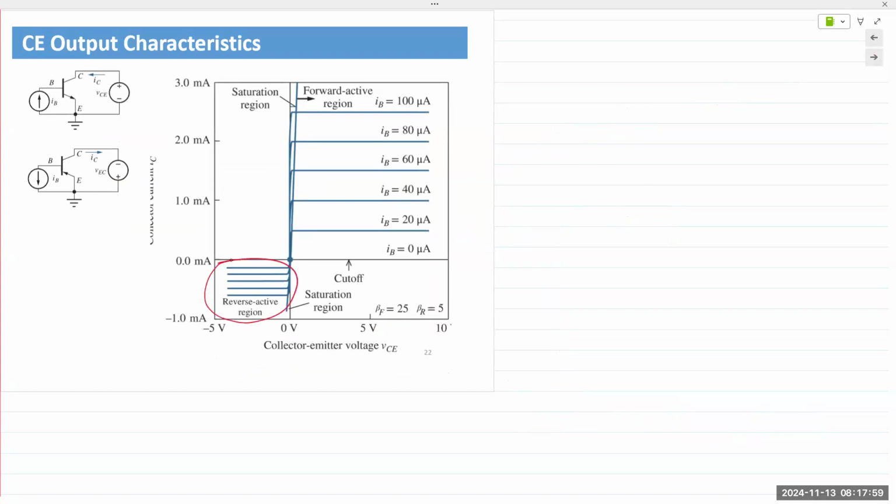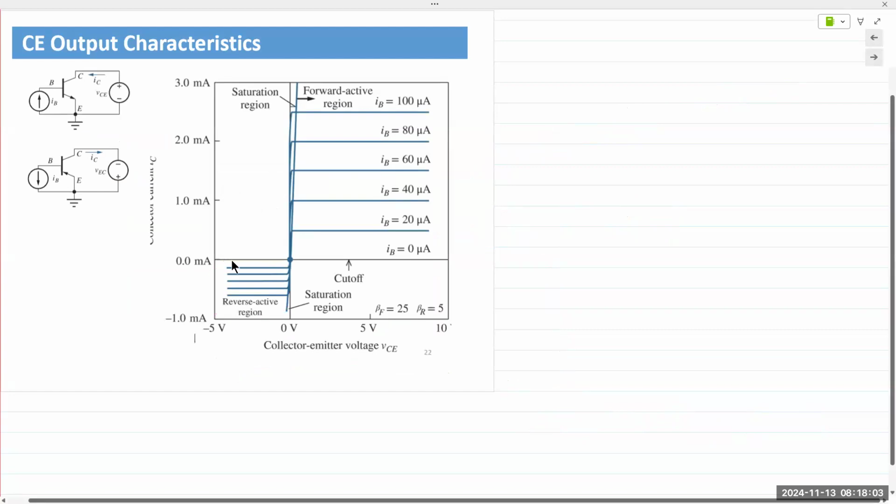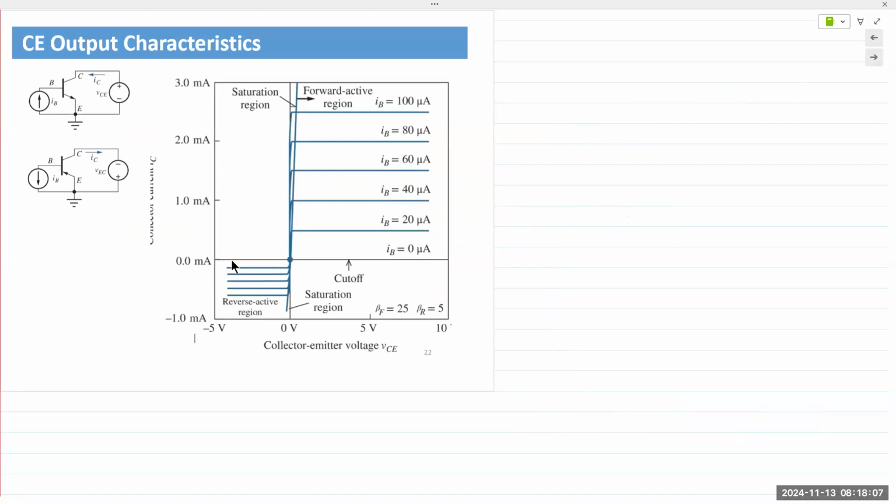This shows all four quadrants of the common emitter output characteristics. I'll go back to the previous slide in just a minute. In the characteristics, this region right here is defined as the active region. This is the region of operation if you want to use the BJT as an amplifier.